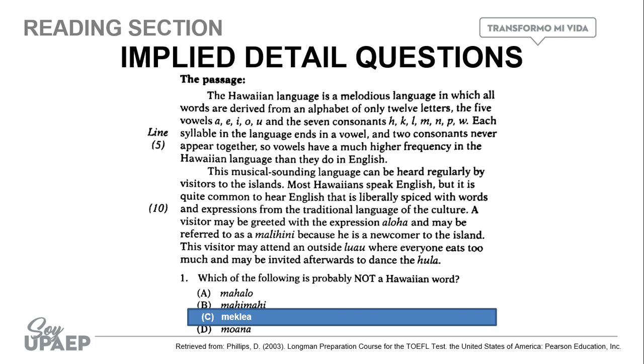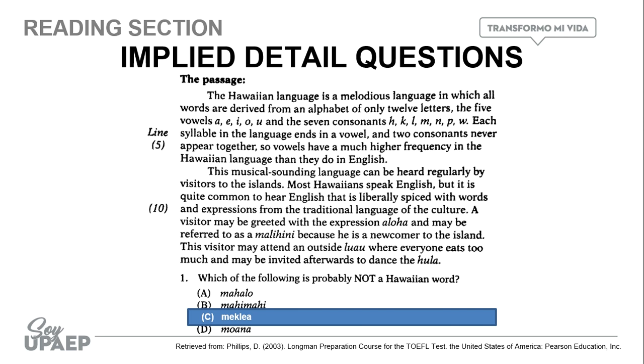Even though the word Meklea is not mentioned in the passage, we can determine that it is not a Hawaiian word because 2 consonants never appear together in the Hawaiian language. Okay? So did you notice how we got the clues and we drew a conclusion?